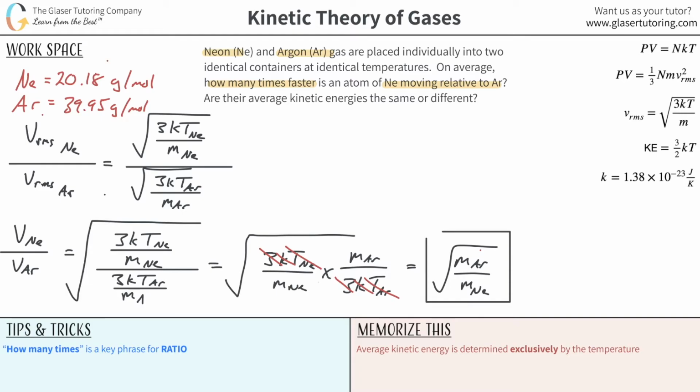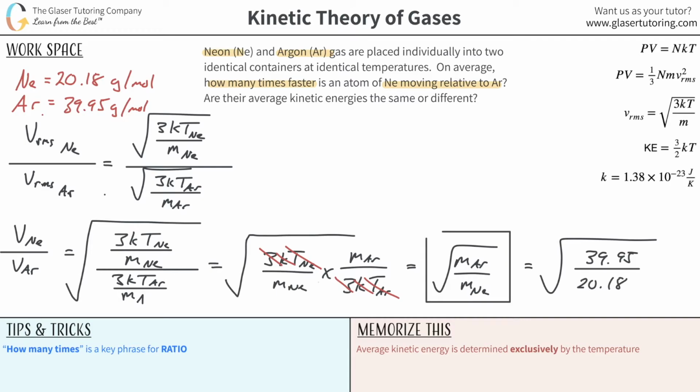So as long as the units are the same for both of these, I can literally just plug them in. In some of the other videos I do the conversions. I'm just showing you different flavors, and then you can pick what flavor you like. So this is now the square root of the mass of argon, 39.95, divided by the mass of neon, 20.18.